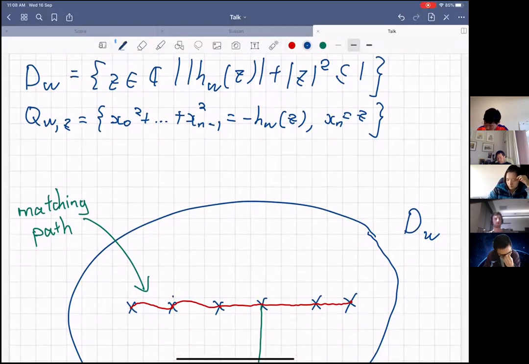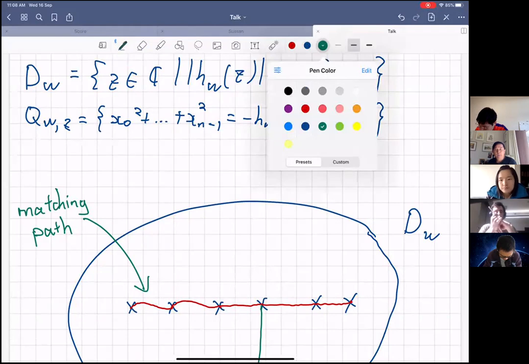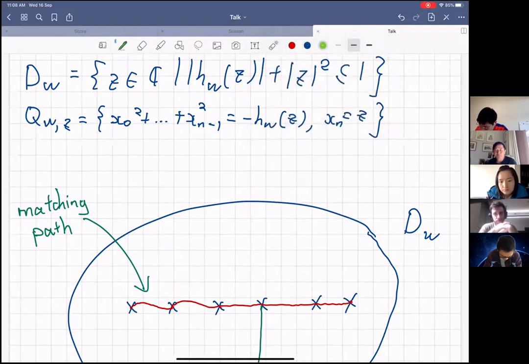At the critical point, I draw a low dimensional picture here. Let me write it out, let me use a different color. So at this point, the fiber in low dimensional picture is like this.